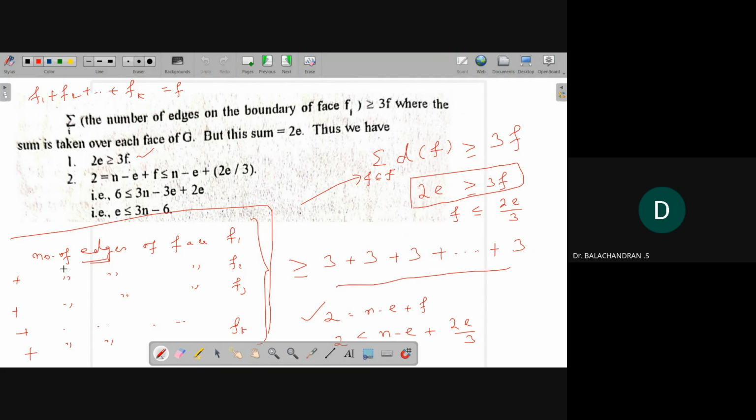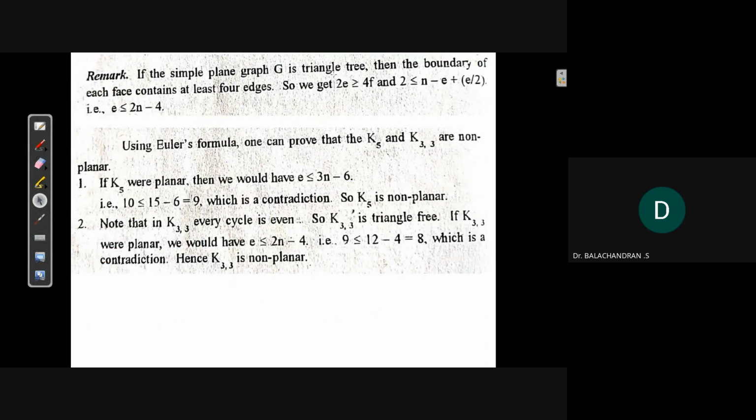So the number of edges of the face F1 plus the number of edges of the face F2 and so on should be greater than or equal to, instead of 3 plus 3 plus 3, 4 plus 4 plus 4, because it does not have a triangle.